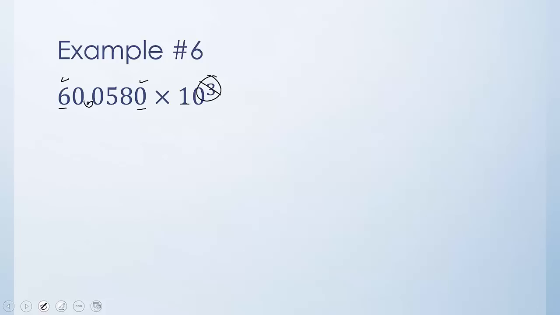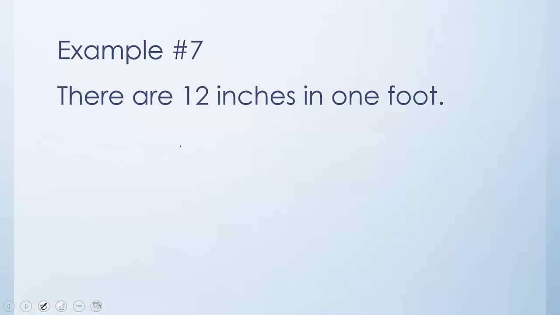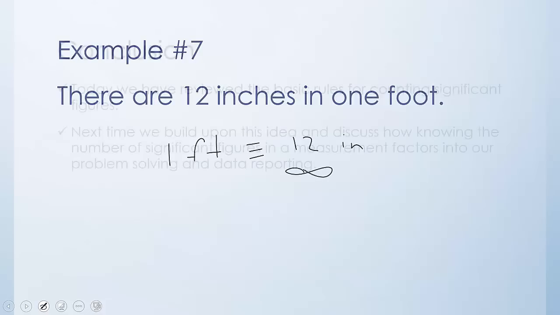So we have 1, 2, 3, 4, 5, 6 significant digits. And I think this is our last example. Here's another statement. There are 12 inches in 1 foot. So again, here we have the idea that 1 foot is defined as 12 inches. So this relationship is infinitely precise. That's the very definition of a foot.